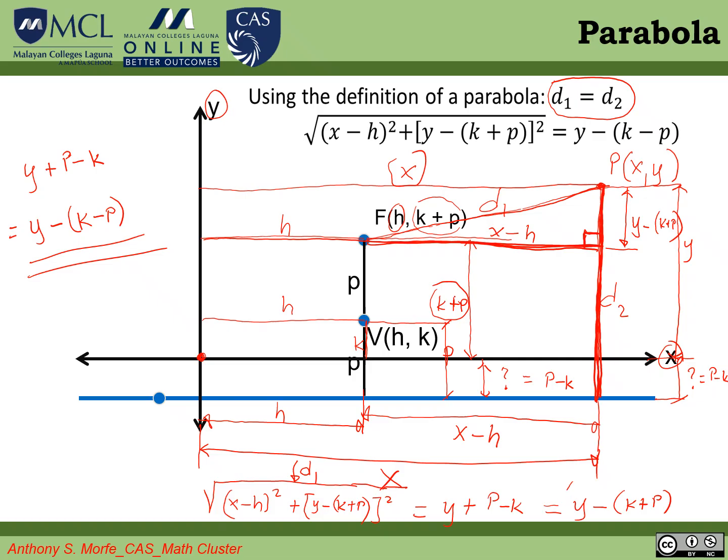Okay, so this is what you can see here. Y minus k, sorry, this is minus. Okay, this is what you can see here. Alright, so from here we can do the expansion.